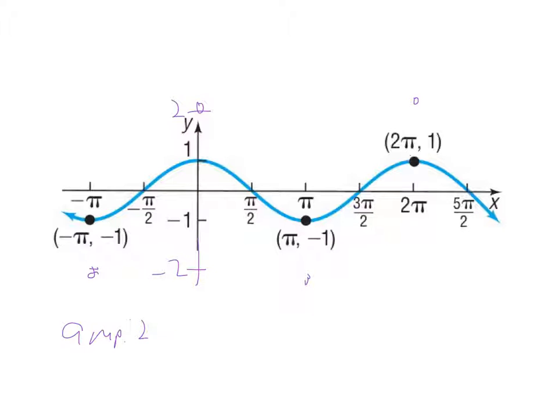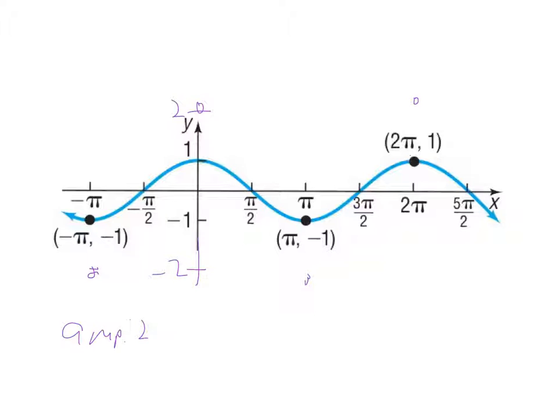Now, we said that the period was equal to pi over 2, which means the entire period was cut down by 1/4. So multiply all the x coordinates by 1/4.